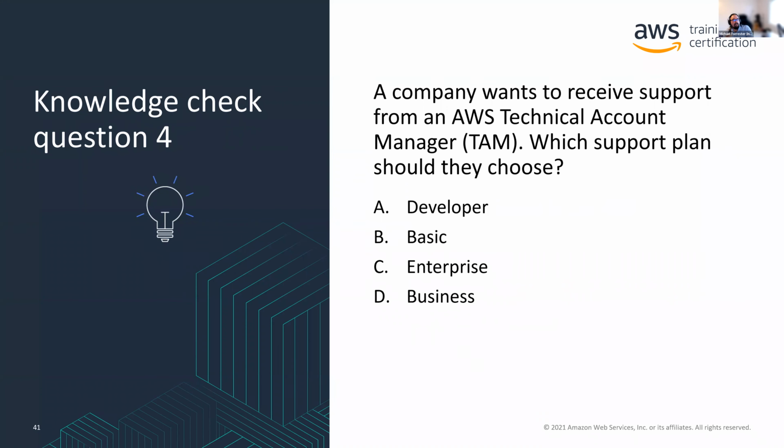Okay. You want the top of the line support from AWS. You want a TAM. Which of these are you actually going to choose if you want a TAM? Enterprise. Yes.